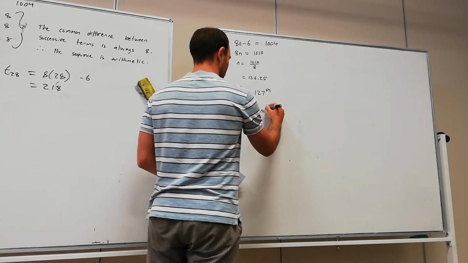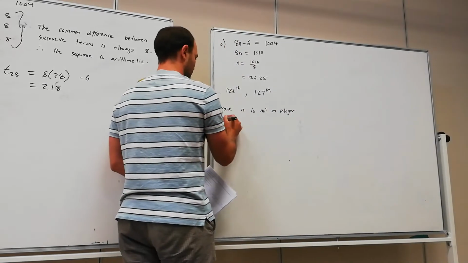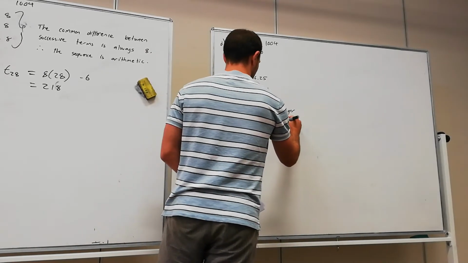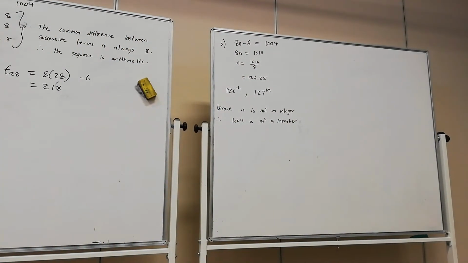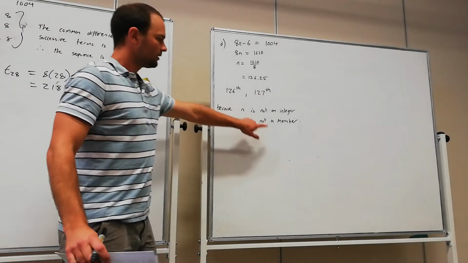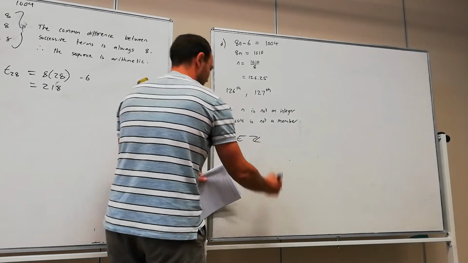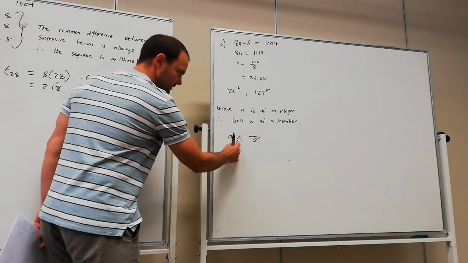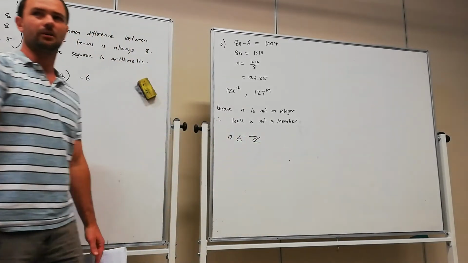So we're going to say because n is not an integer, therefore 1004 is not a member of the sequence. Just mathematically, I've shown you guys this before. N belongs to Z. Remember that. The number n, this symbol here means belongs to, and this Z here means the set of all integers.